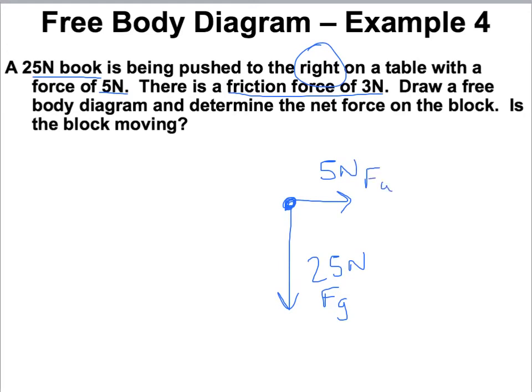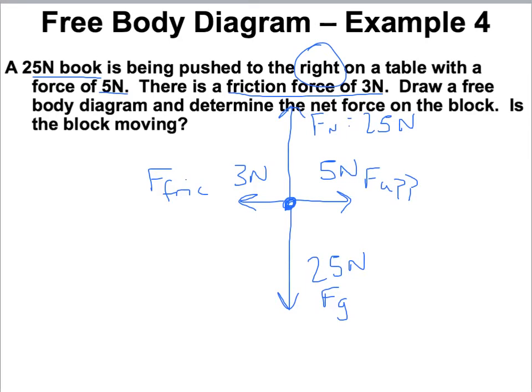That's going to be an applied force. There's a friction force of 3 newtons. Now what's not given to us is the normal force of 25 newtons. But because we're amazing young physicists, we should know that.